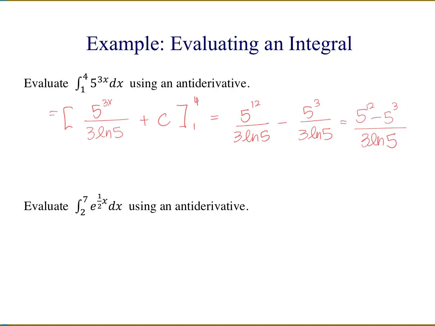All right, the antiderivative of an e is similar. It'll start as e to the half x, and then I will divide by a half and ln e, which, of course, ln e is 1.